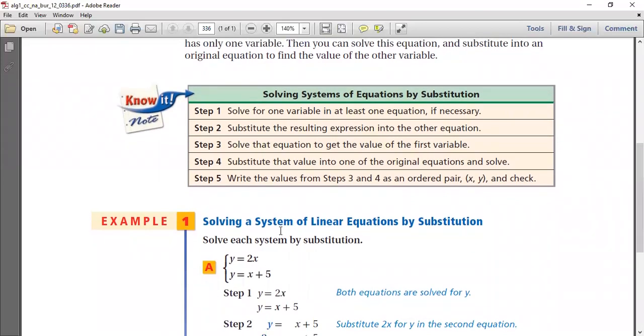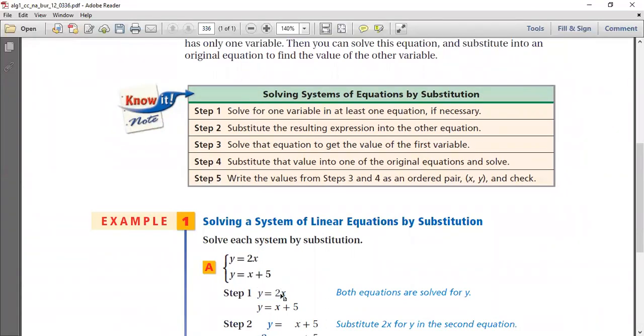So this is step 1. What are you going to do? You choose any one equation, whether you want this equation or this equation, it's up to you. I feel this one is easy for us to solve because it's only one variable. So y is equal to 2x. We write y is equal to 2x.